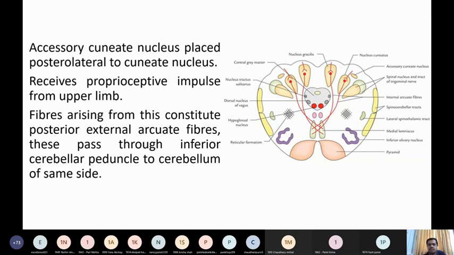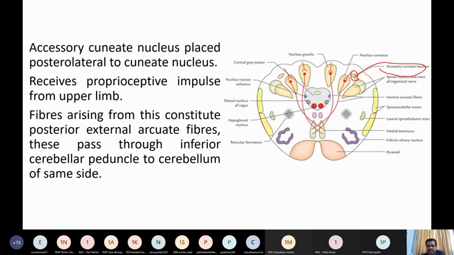Now, the accessory cuneate nucleus is placed posterolateral to the cuneate nucleus. It is one small nucleus. The fibers arising from the accessory cuneate nucleus form the posterior external arcuate fibers.